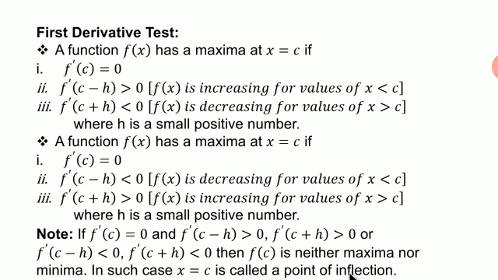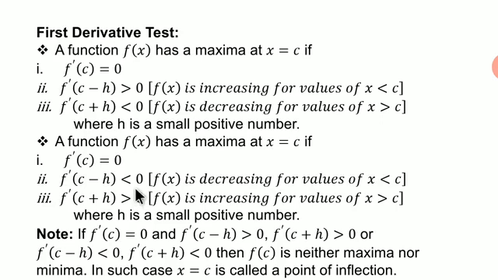Now here we see that when the function has maxima, then f dash of c minus h is positive and f dash of c plus h is negative. Okay. And when it has minima, then f dash of c minus h is negative and f dash of c plus h is positive. That means value of one term is positive, value of another term is negative.